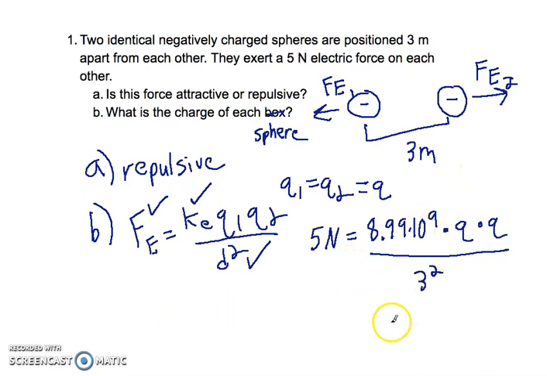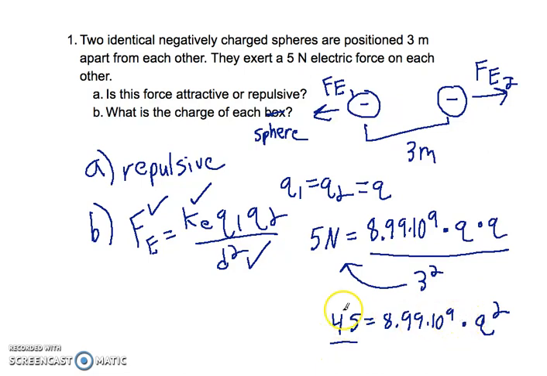So let's do out the algebra. We're going to have 45 is equal to 8.99 times 10 to the 9th times Q times Q. Q times Q is like X times X, same thing, so it's going to be Q squared. What I did was I multiplied the 3 squared by the 5 to get the 45 by itself.